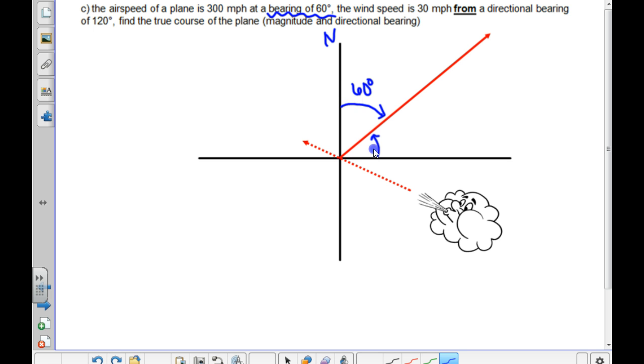Everybody's okay that that makes a 90, right? So this is going to be our 30-degree angle for components. And the length of this vector is its magnitude, which is 300 miles per hour.